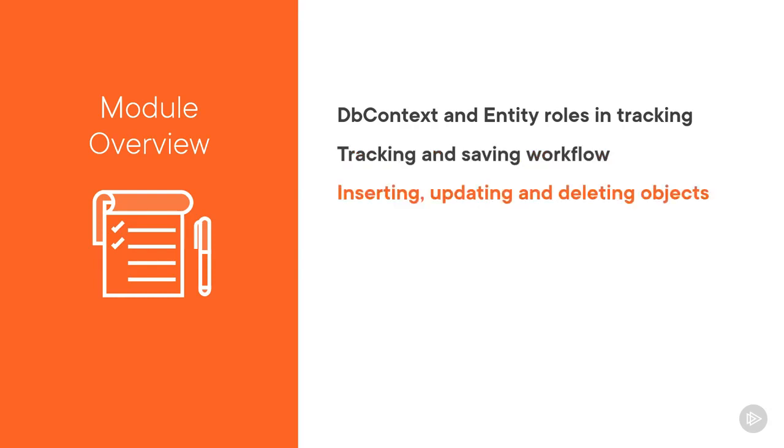Then you'll learn the basics of inserting, updating, and deleting data using EF Core, and the data model that we created earlier along with the SQL Server database. We'll continue our focus of working with simple types with these early lessons. Then you'll learn about tracking and saving multiple objects at a time, so for example, a handful of authors.